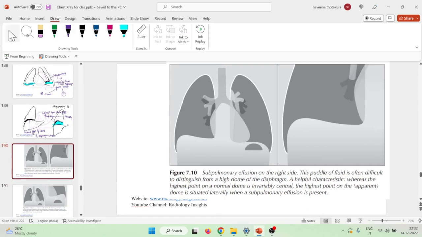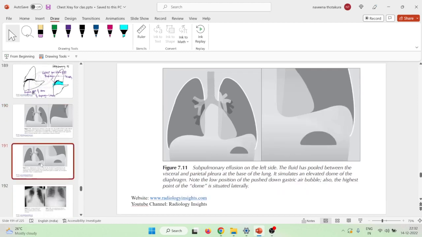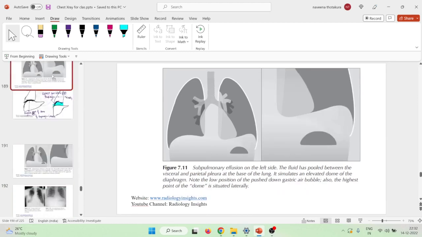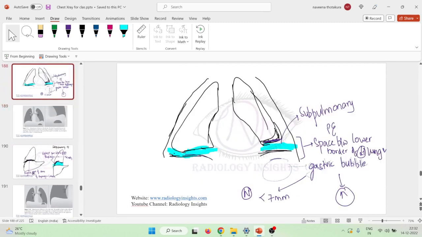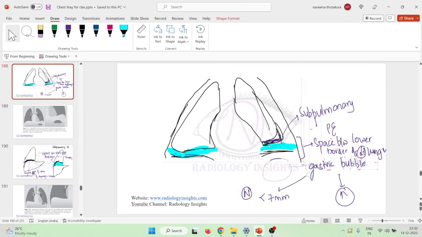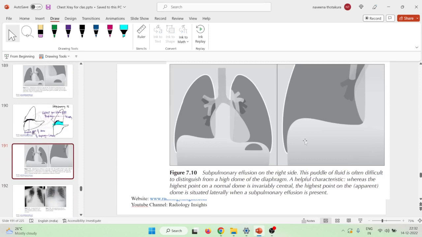By that way, we can distinguish a subpulmonary pleural effusion on the right side. Whereas, as already said, on the left side, subpulmonary pleural effusion is detected by the gastric bubble. If the space between the left dome of diaphragm and the gastric bubble is more than 7 millimeters, then obviously there is some subpulmonary pleural effusion.